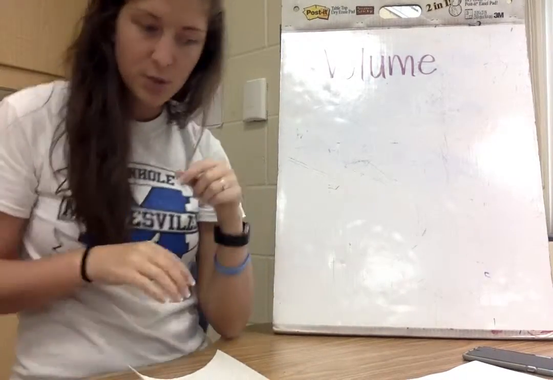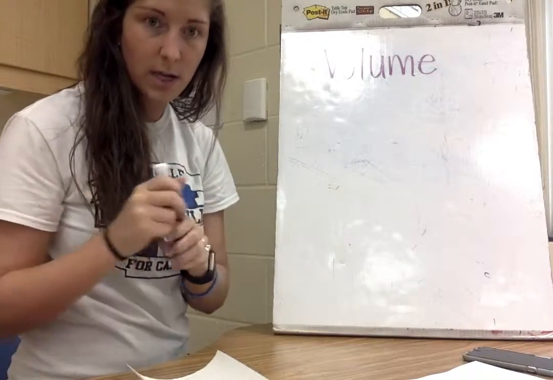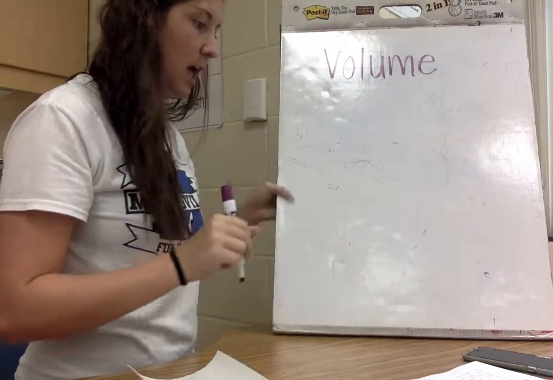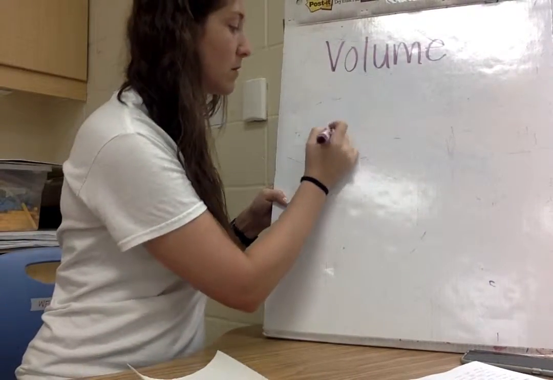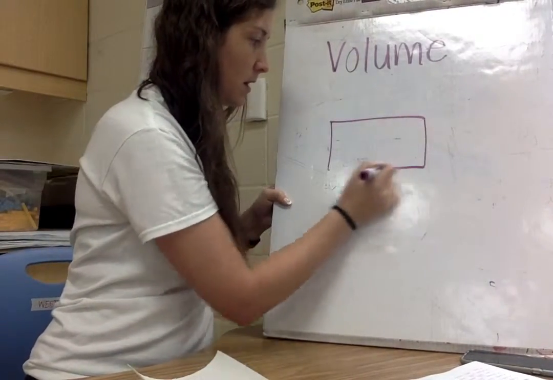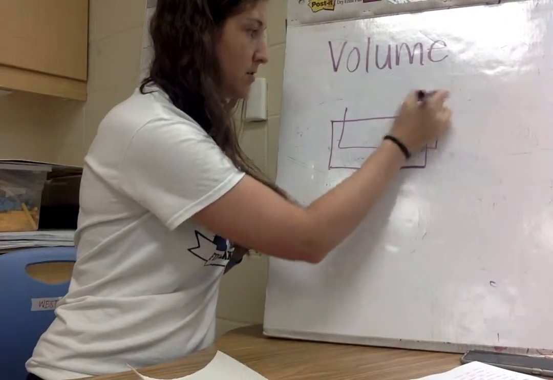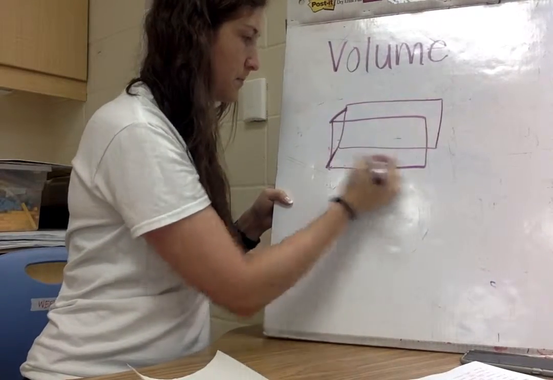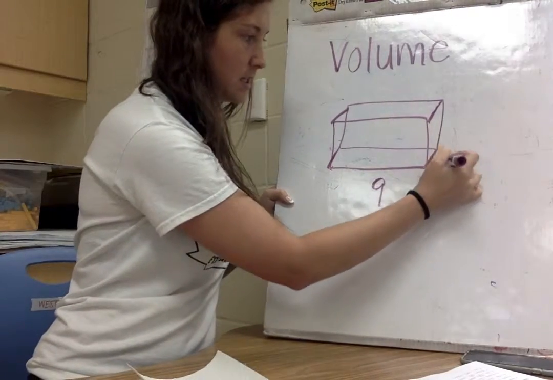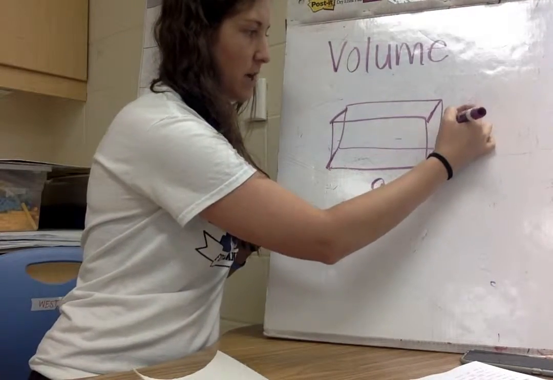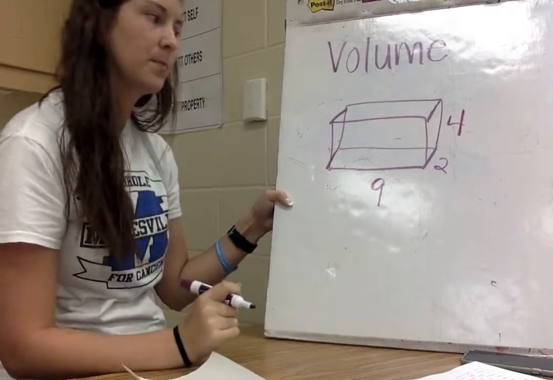Some other times you may be given drawings of figures, and you may be asked to find the volume of those. For example, if I draw out this rectangular prism, and I tell you that the length is 9, the width is 2, and the height is 4.